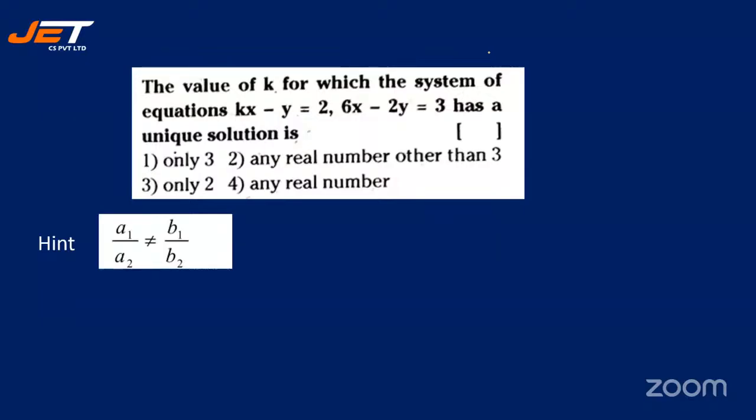All right. So they have a unique solution. So the hint that they've given is a1 by a2 is not equal to b1 by b2. Okay. So you can take a minute to quickly go through and then give me the answers.